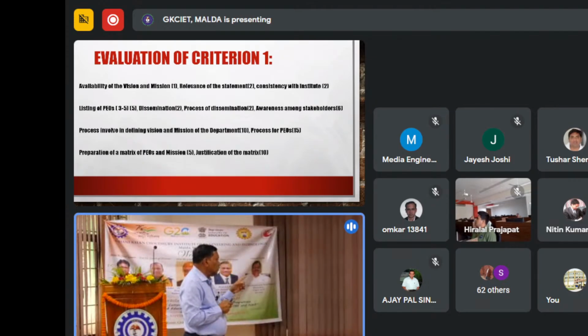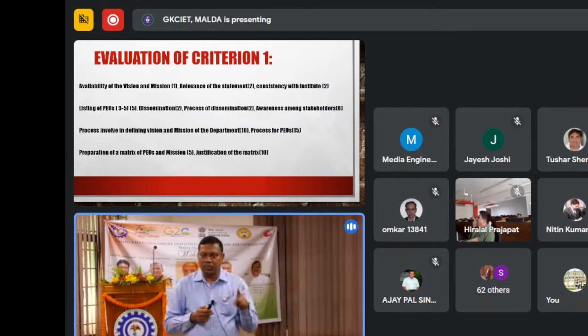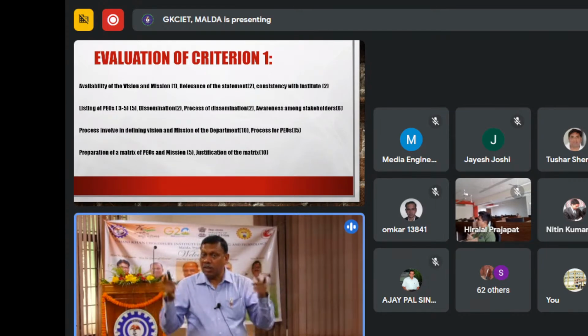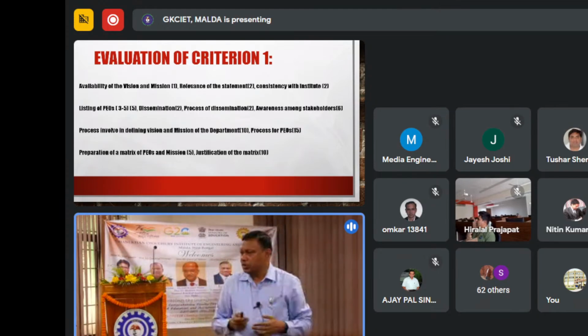Then process involved in defining vision mission of the department, 10 marks. So this is a process which I was telling that inclusivity should be visible, participation of everybody is visible, multiple ways of getting the data must be visible, filtering of data must be visible, multiple committee meetings, then converging to the final statement should be visible.